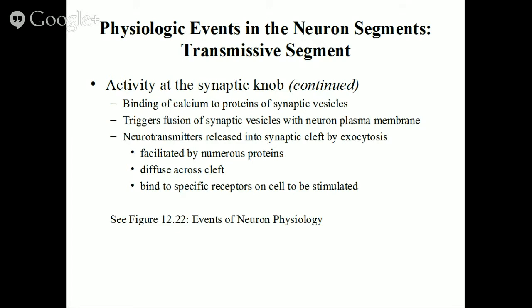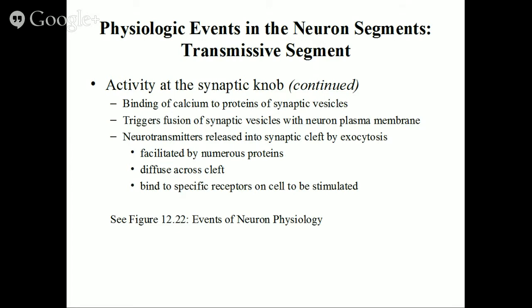The calcium then sticks into the keyhole, and then it turns, and then what winds up happening is it stimulates the synaptic vesicles to then move towards the cell membrane of the synaptic knob, and then it causes these synaptic vesicles to fuse with the plasma membrane of the neuron's synaptic knob, and when they fuse, they empty.